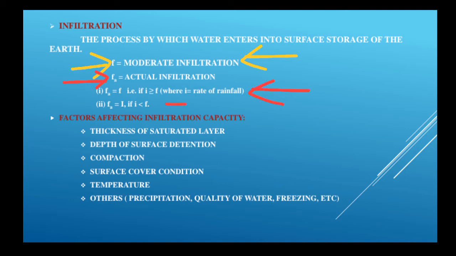The second one is Fa equal to I if I is less than f. I means rainfall. If the rainfall is less than the moderate infiltration, then actual infiltration equals rainfall. So using this formula, based upon the rainfall, we calculate actual infiltration.